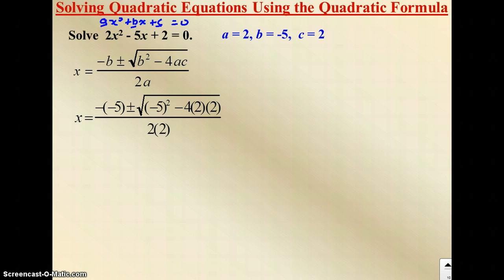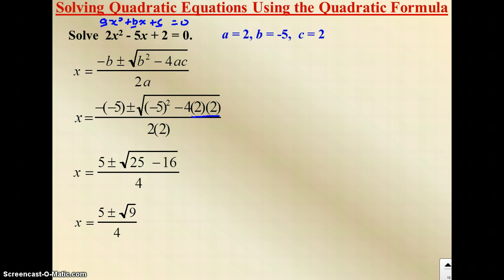We simplify this equation. Negative 5 squared is 25. 4 times 2 times 2 is 16. 25 minus 16 is 9. The square root of 9 is 3, so we've got 5 plus and minus 3 all over 4.